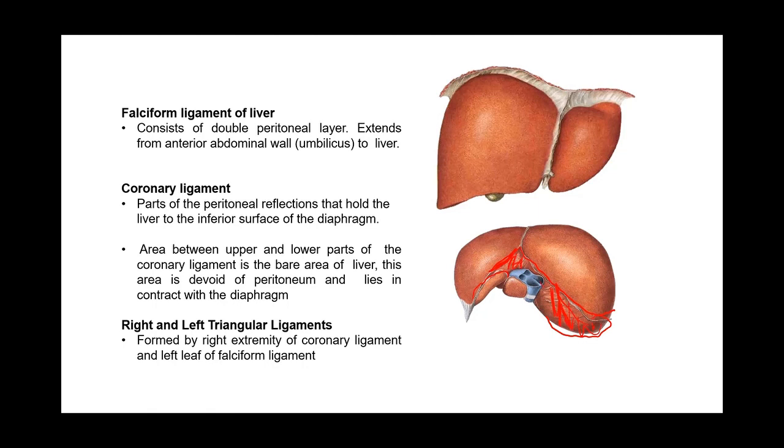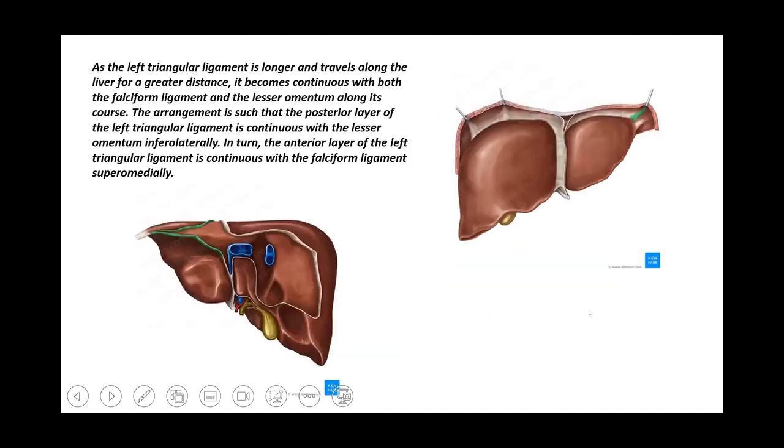Now on the right and the left triangular ligament, as you can see, this is the left triangular ligament and the right triangular ligament is here. We are going to see it in a better image. They are formed by the right extremity of the coronary ligament and the left leaf of the falciform ligament.